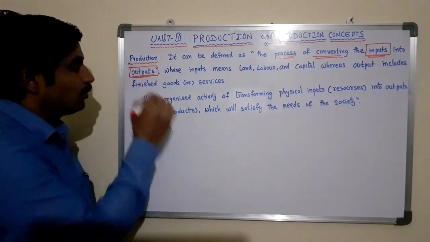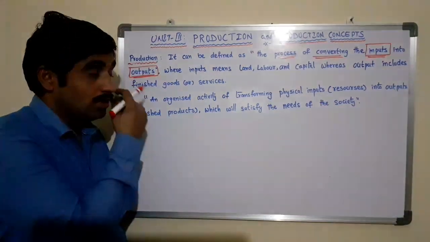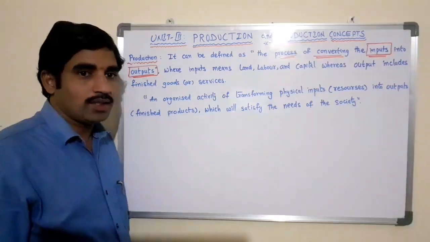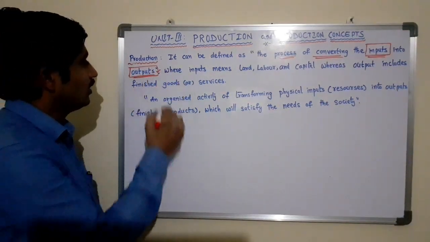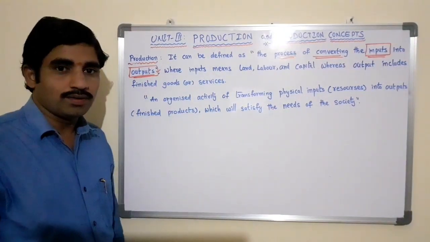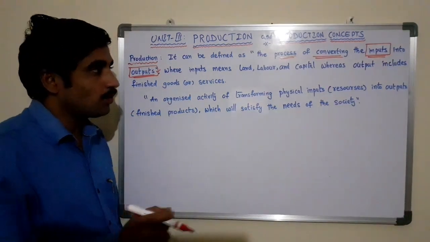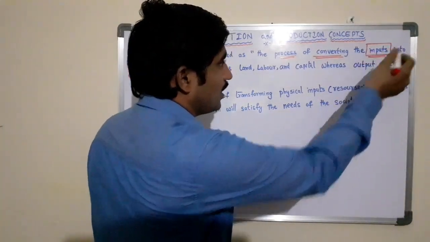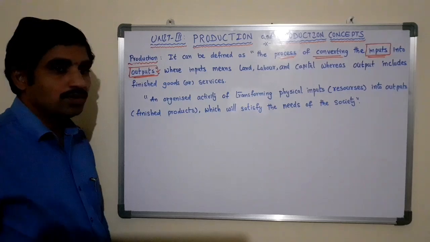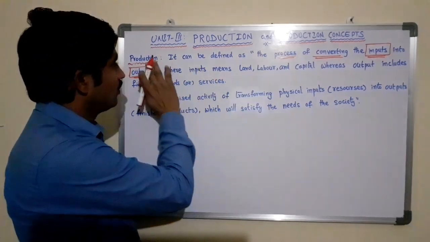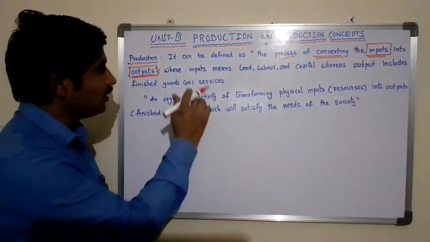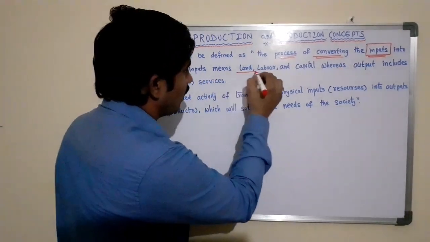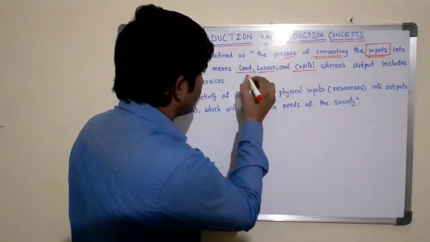When you introduce the input into a systematic process, we attain another factor, that is output. Here the inputs mean land, labor, capital.